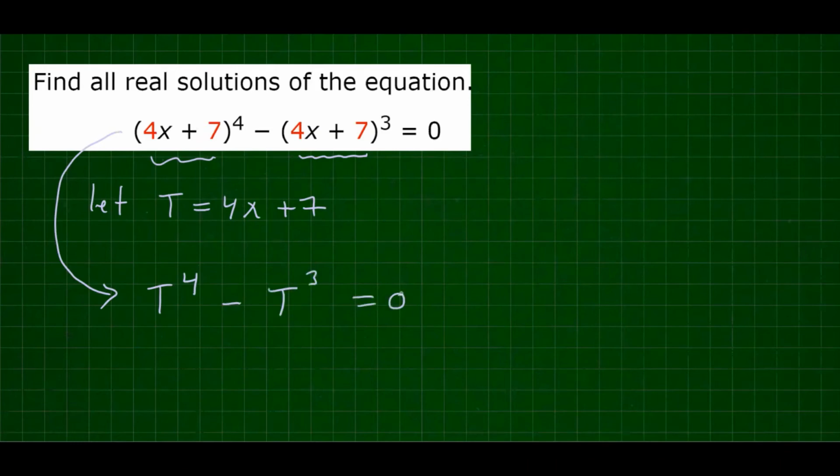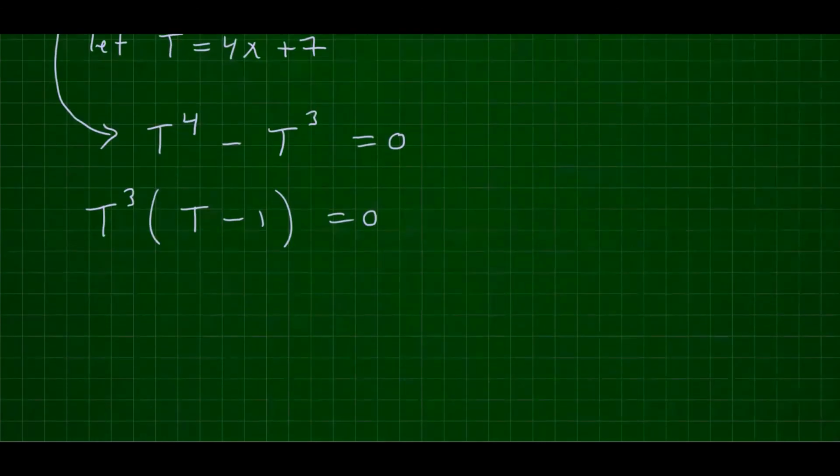And now we can use factoring. So I'm going to pull out the GCF. So this will be t to the third, and then t minus 1 equals 0. Great. So now we set each factor equal to 0. So we have t to the third equals 0. And then we also have t minus 1 equals 0.